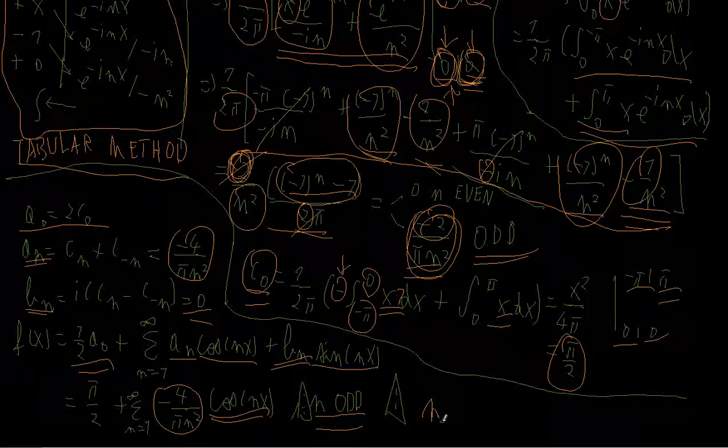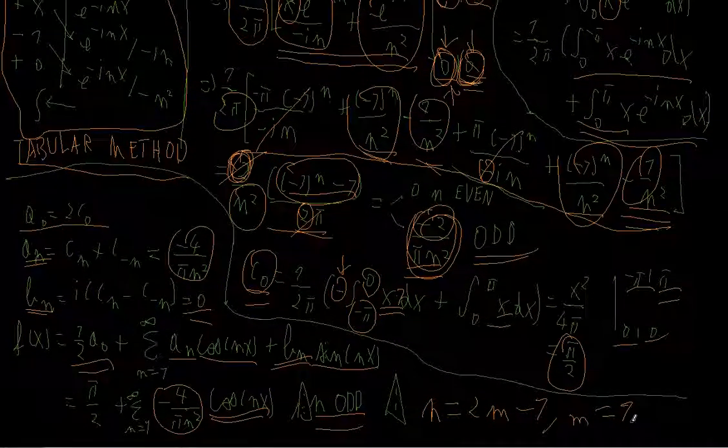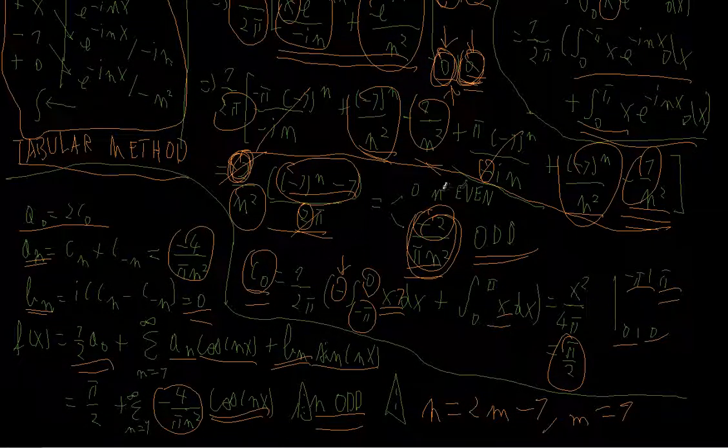So n can be written like 2m minus 1, where m starts at 1, because if it is even, we simply get 0. This pi over 2 is for a sub 0.